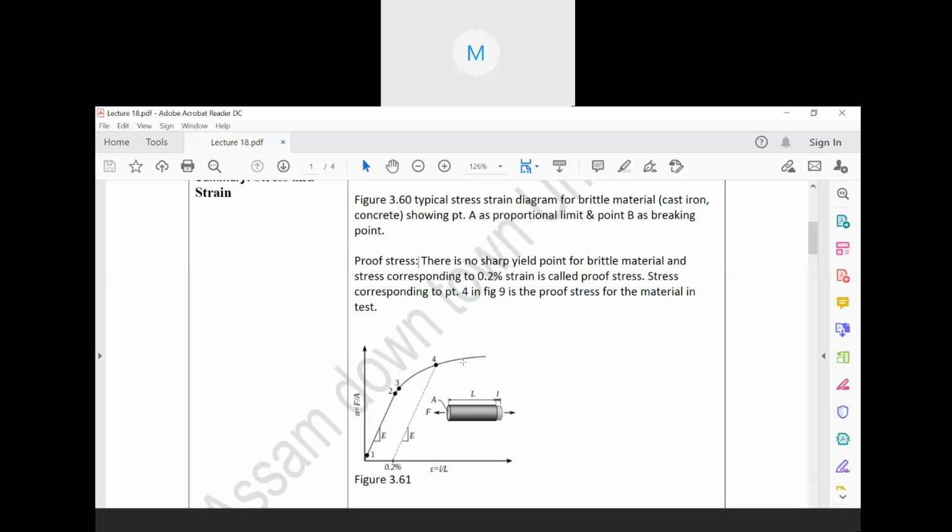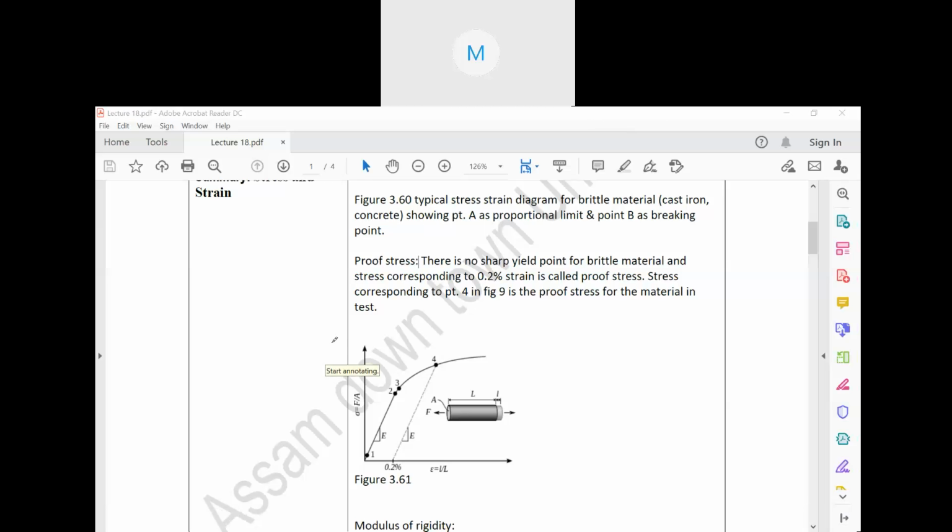So suppose the stress is 400 Newton. You all know how much the strain will be. It will be 0.2%. If it is 0.2%, then that value is called proof stress. This is the term. Now if you see the following diagram, this is stress and this is strain.